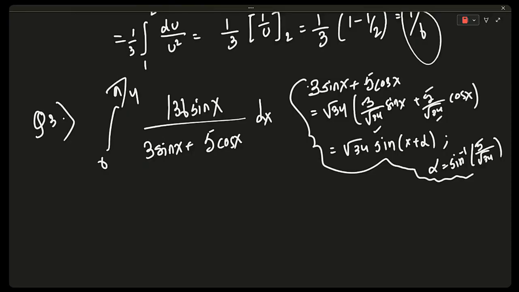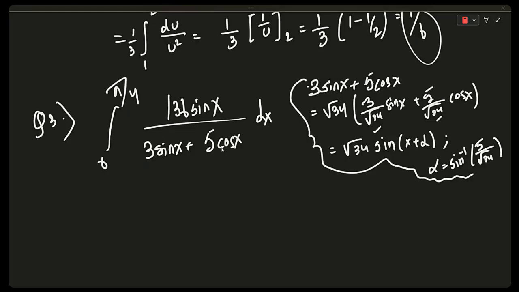Anyone else got the answer or proceeded in a certain way you would like to share? Can we arrive at the answer in this way? I do not think that is possible directly, because with sine of x by sine of x plus alpha, you do have to break it.